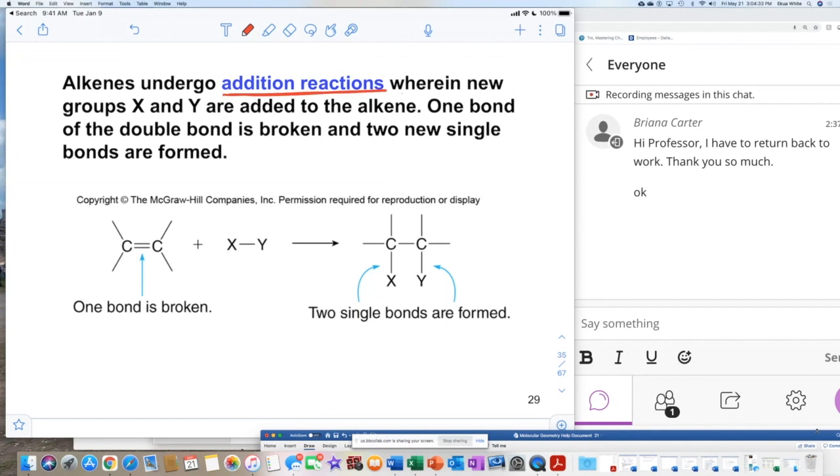Remember, those functional groups have specialized reactions that go with them. We're seeing the addition reaction wherein new groups X and Y are added to the alkene. One bond of a double bond is broken and two new single bonds are formed.